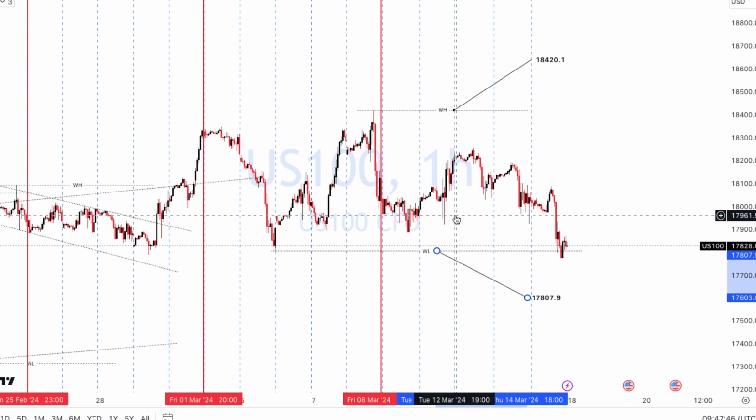I'm just going to explain that briefly so that hopefully you understand exactly what I mean. The weekly lows and the weekly highs of the week just gone are what we use to help us navigate the week just gone, which is the week commencing the 11th of March. And it was a dicey one.